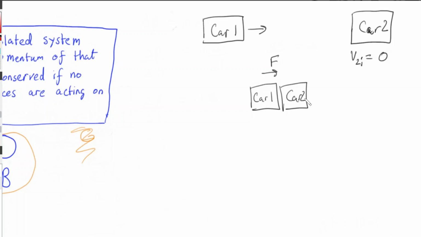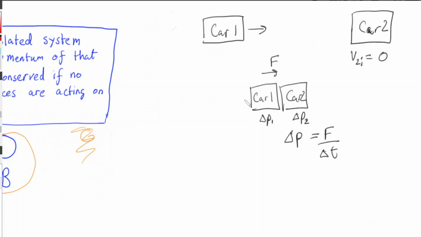And since the time the cars will be in contact is the same for both of them, if we go back to our impulse equation, which is delta P is equal to force times delta T, the magnitude of impulse here and here for both the cars will be exactly the same.